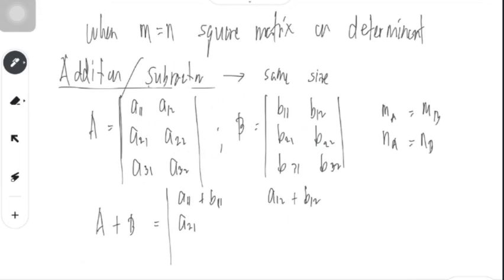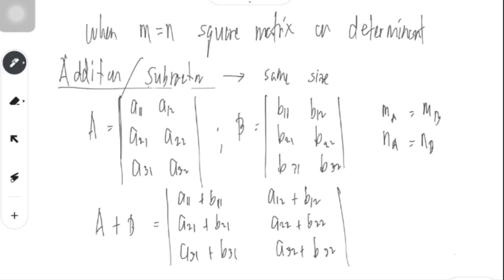Next, A21 plus B21. Take the sum element to element. Then A22 plus B22. Next, A31 plus B31, then A32 plus B32.